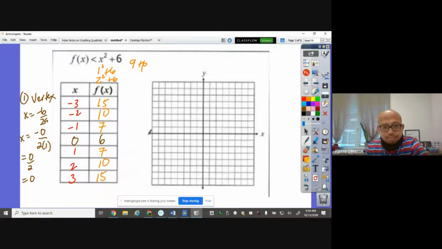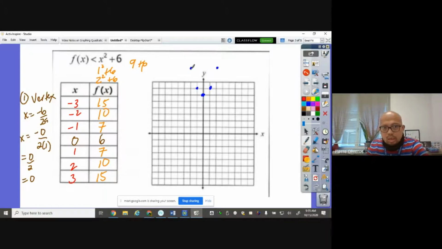Now you will plot the points 0, 6. We don't have space here, but we'll try 1, 2, 3, 4, 5, 6, 0, 6. And then 1, 7. And then somewhere 2, 10, somewhere probably 7, 8, 9, 10, approximately here. And then reflection.